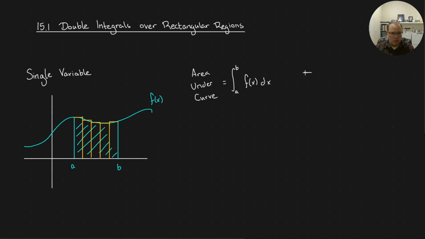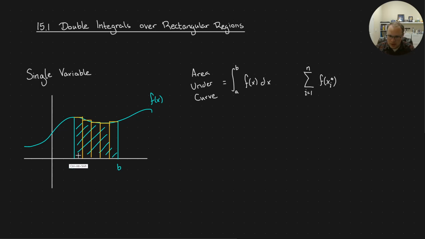So we think about this as a Riemann sum. We have however many rectangles, n rectangles, and we need the base times the height of each rectangle. So the height would be the function value of the ith rectangle.